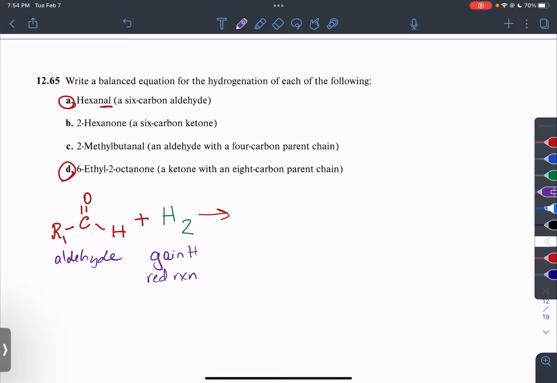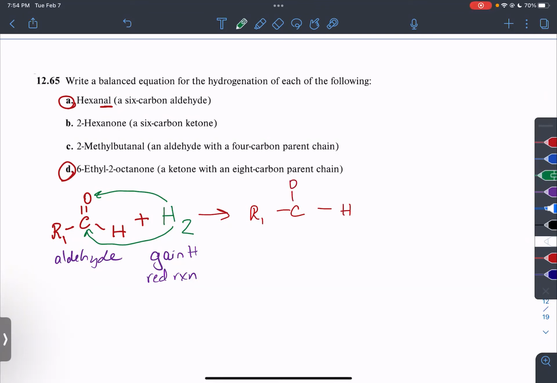So when we do this, we're going to add hydrogens. Well, where are those hydrogens going to go? The oxygen is going to pick up one, and then the carbon is going to pick up one. So if we redraw our new molecule, we have that carbon in the middle. It had an R group and it had a hydrogen, and it had an oxygen, right?